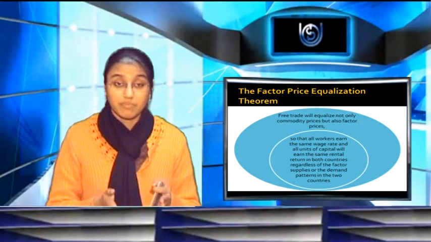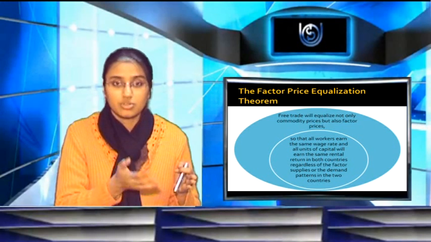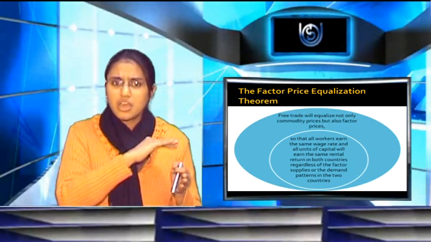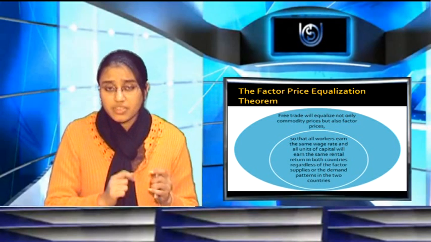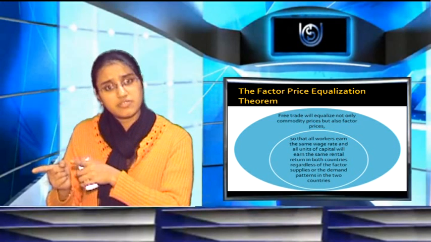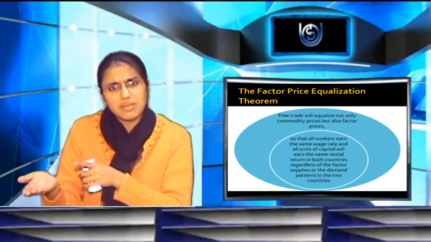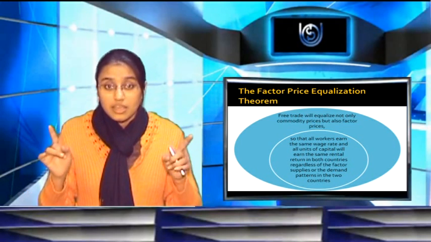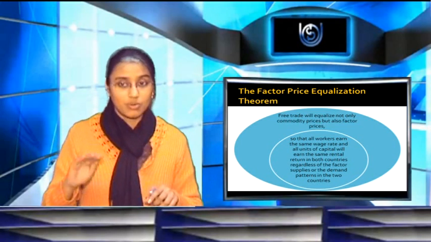For example, if country X has a capital intensive technique, that means it has an equal kind of price. Whereas if a labor intensive country is there, that means they have cheap labor or an equal amount of that product. Now factor price equalization wants to balance it, to equalize it.